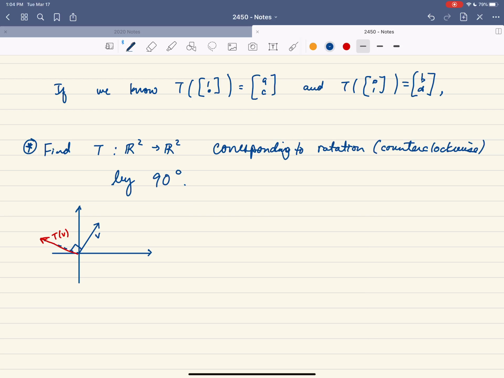And it turns out all we really have to figure out is what's the transformation that's going to take the standard unit vector (1, 0) to this vector (0, 1).